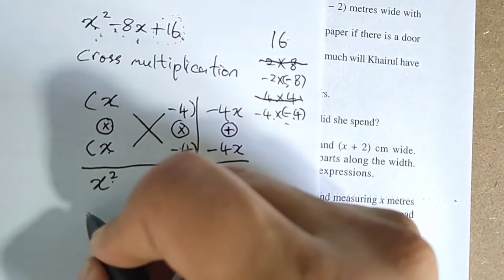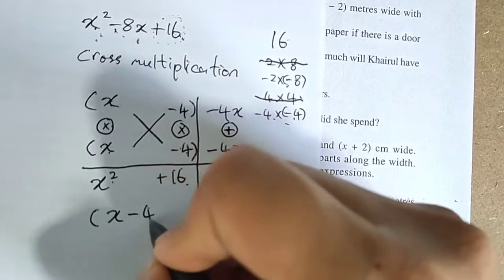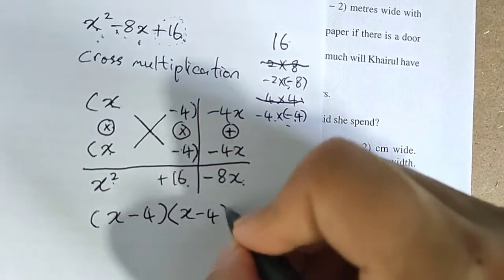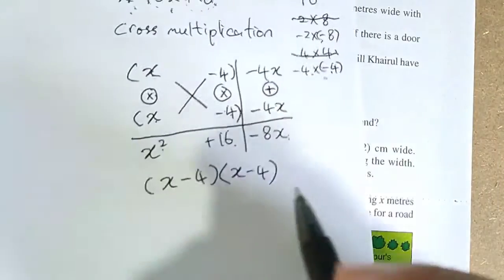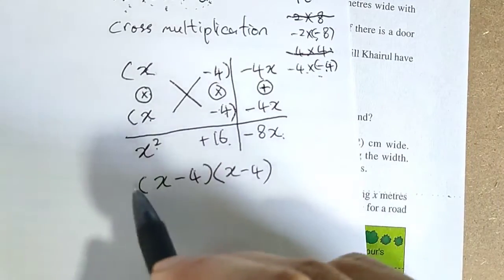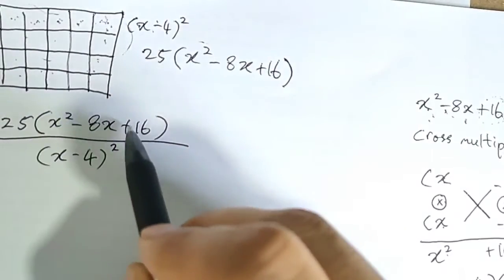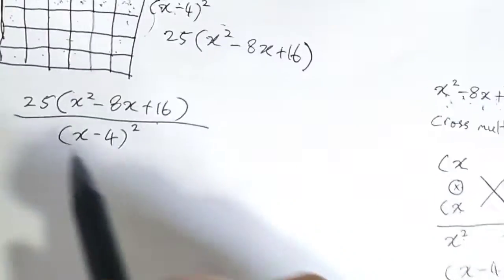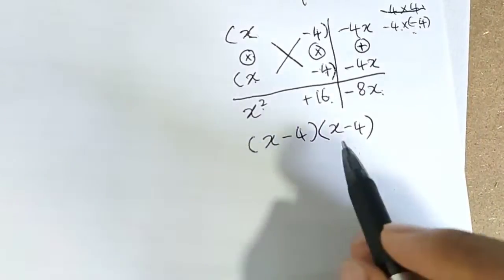So the result is going to be x minus 4 times x minus 4. Okay, back to this. The next idea is we're going to replace this with this. We're going to replace this whole set with this set.